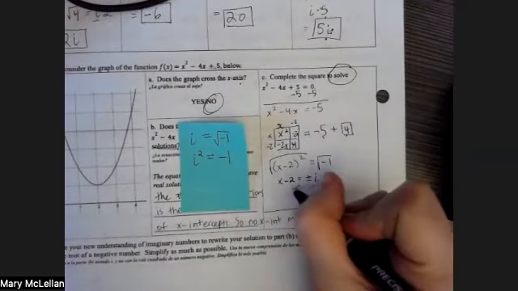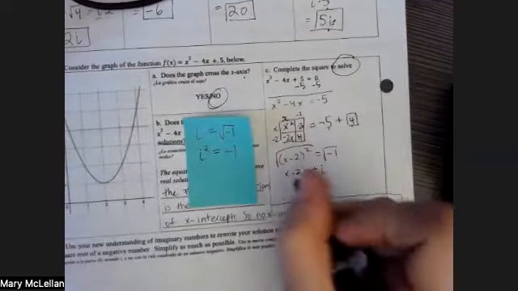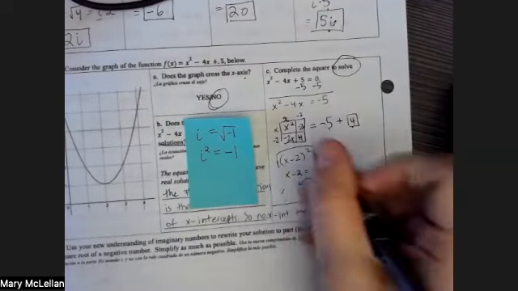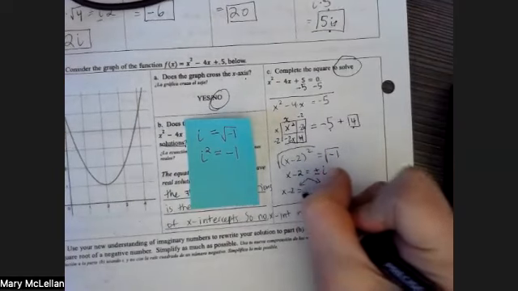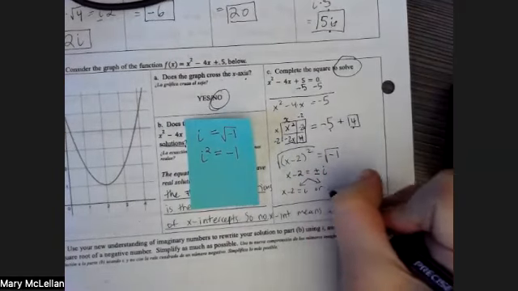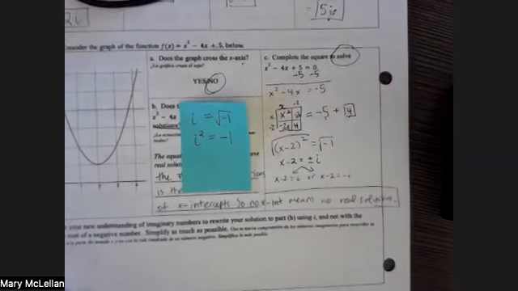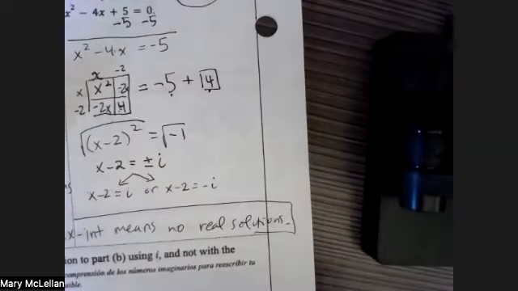Solving that with two equations gives me x minus 2 equals positive i, or x minus 2 equals negative i. Can you see? There.